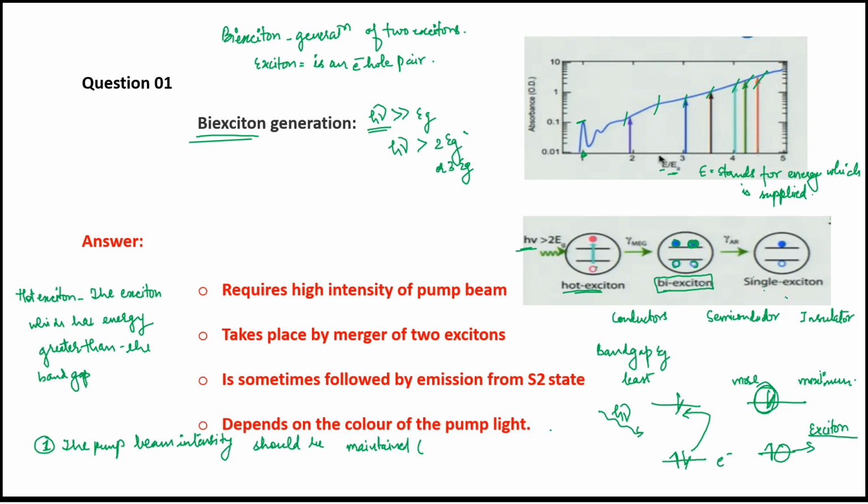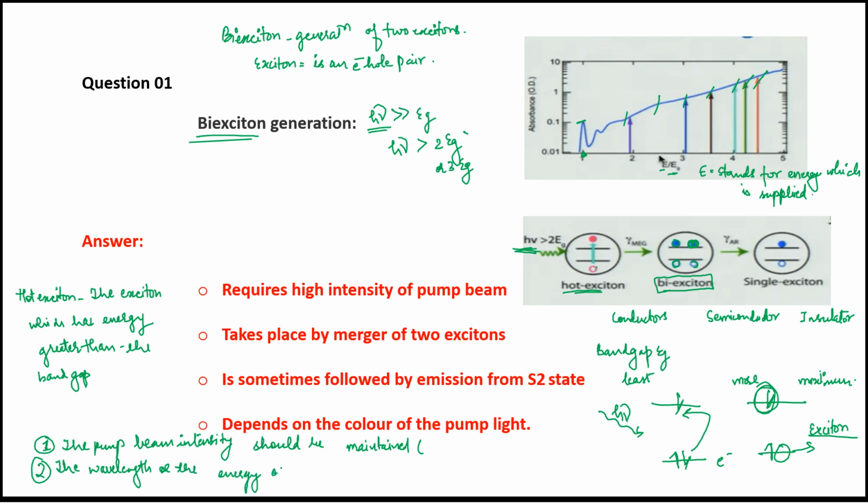Okay. Then the second thing is, on what parameters does the bi-exciton formation depend? Only if the frequency of the incident light or the pump light is greater than the band gap. In that case only bi-exciton generation will happen. Okay. So here we can also say that the second factor is the wavelength, the wavelength or energy of the pump beam.